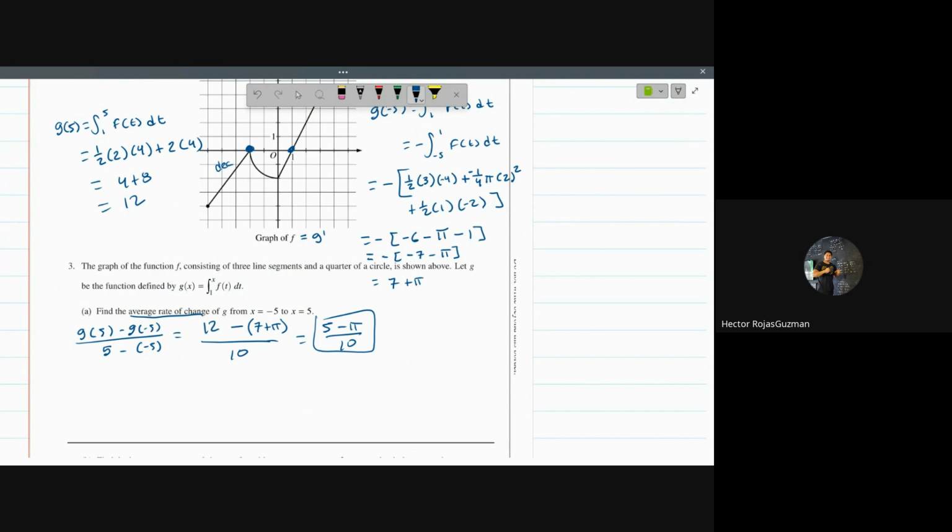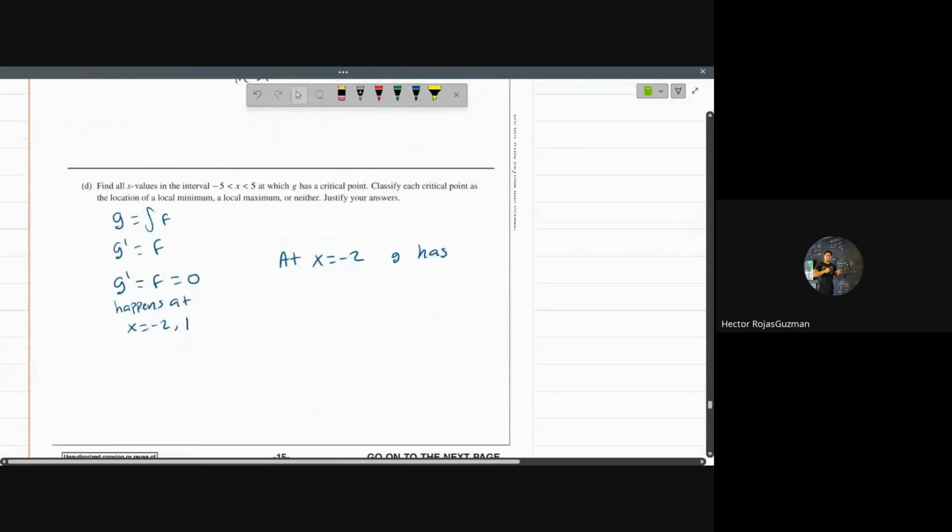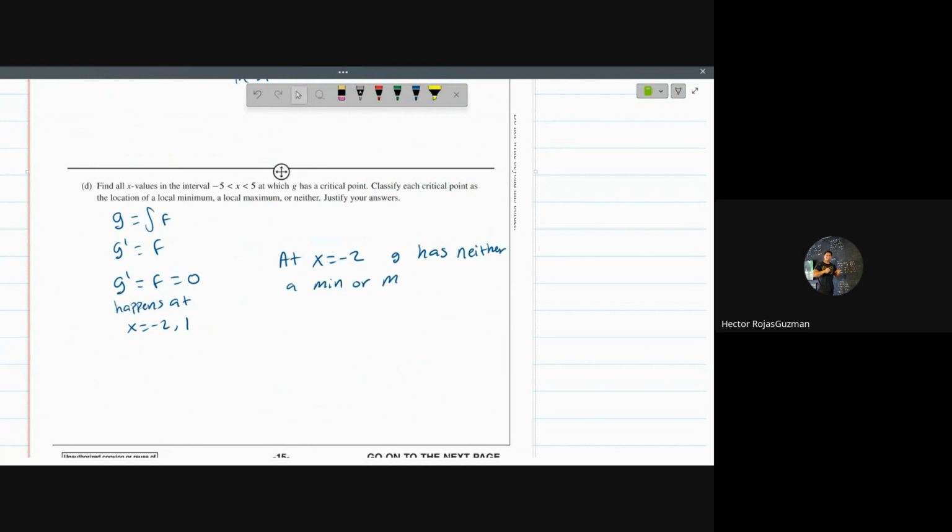It stops, but then it's still negative, so it continues to decrease. So at x equals -2, g has neither a min nor a max, since g prime doesn't change signs.